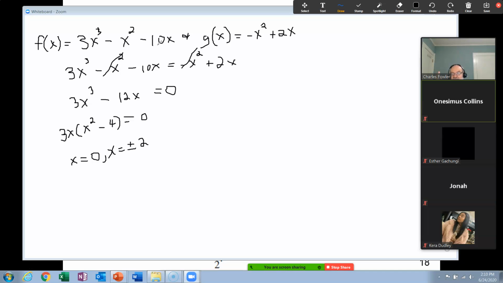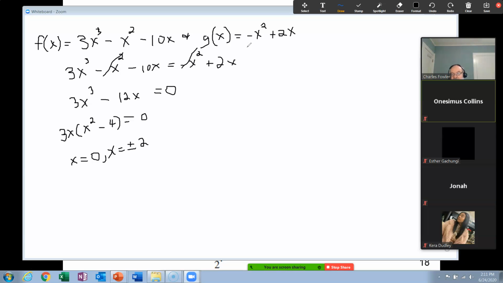So at negative 1, f is positive 6. Let's do the g. At negative 1, g is negative 1 minus 2, that's negative 3. Guess what? f's on top between negative 2 and 0.